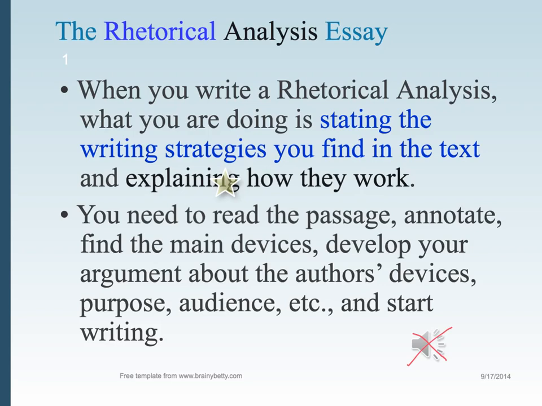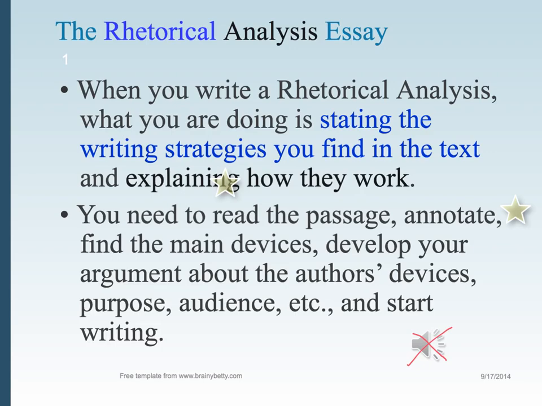So the first thing you need to do is you need to read the passage. Make sure that you annotate it so that you can find your way back as you're writing your essay, that you identify what you believe are the main devices. That's your argument in this paper. You are saying these are the main devices that this author is using to create this argument. You develop your argument about the author's devices.